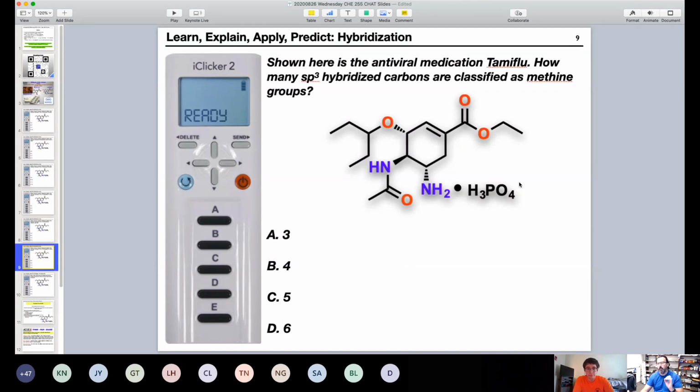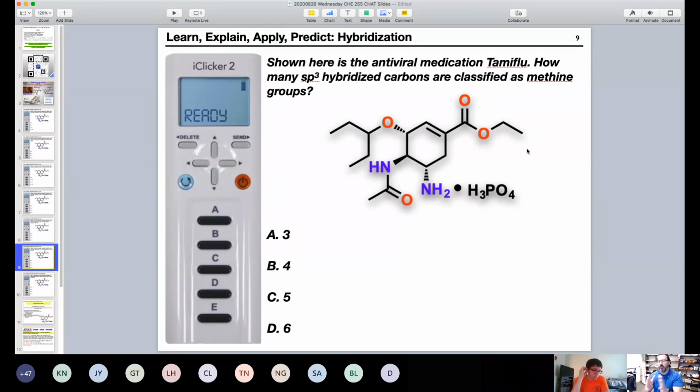We're going to learn chemical reactions that can take place in different parts of the molecule. And you look at that and say, that is a very complex molecule. How do I know whether it's going to happen on this carbon or this carbon? Well, first you need to classify all the carbons like we just did in those questions.